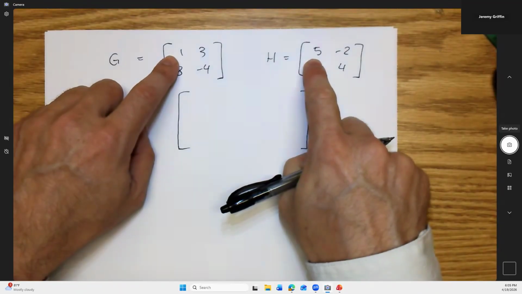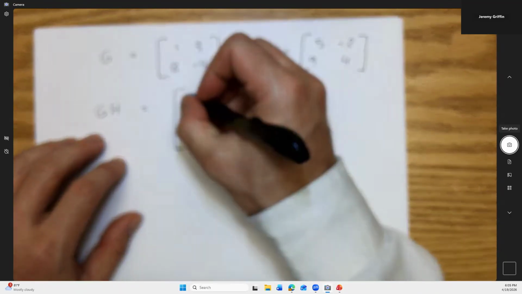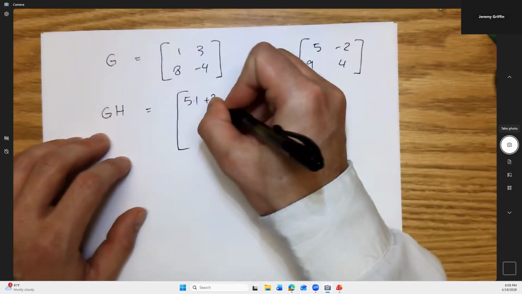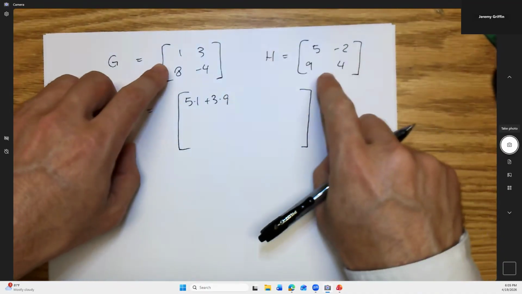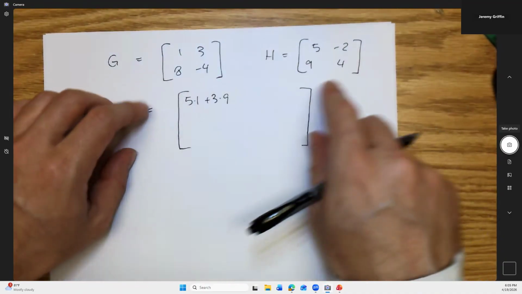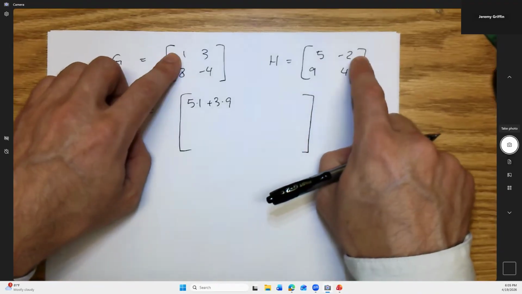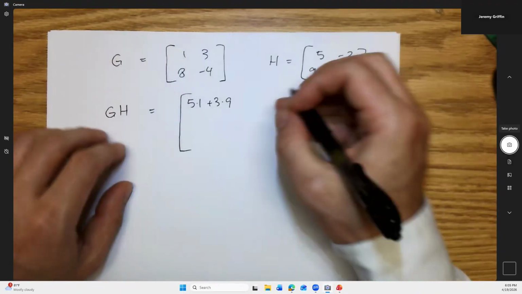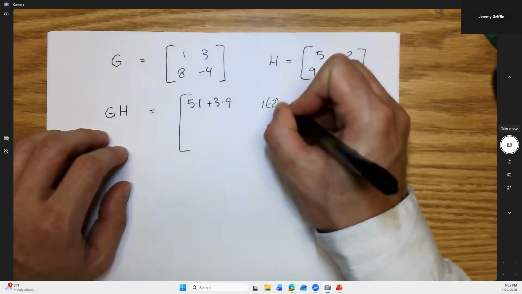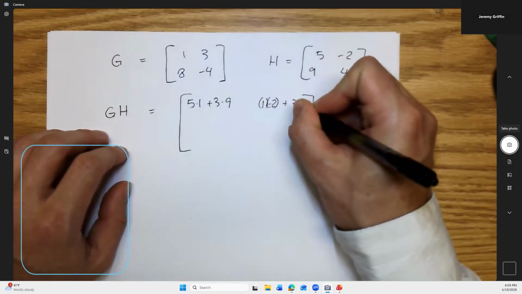So I'm going to go 5 times 1 plus 3 times 9. That will be the first element of the product. Now how about this second element? So 1 times -2 plus 3 times 4.